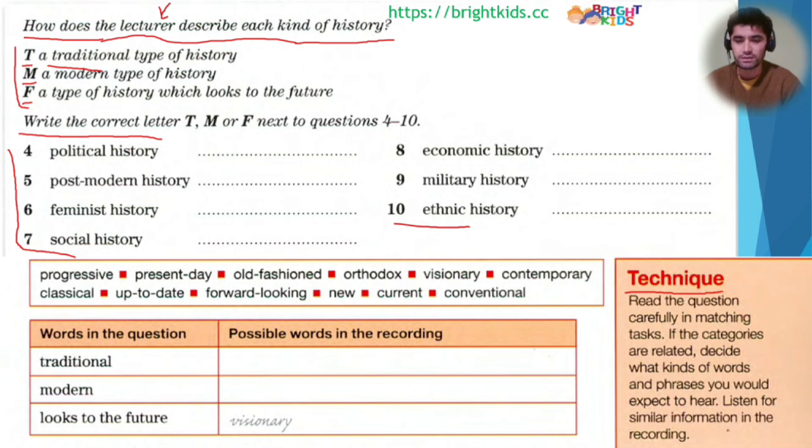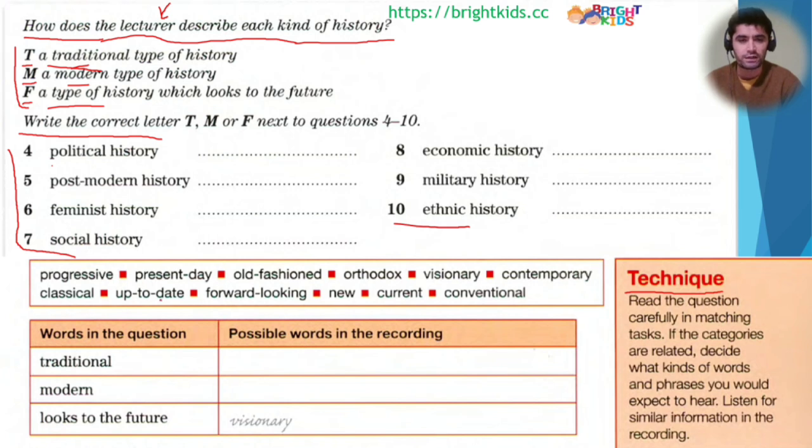Listen for similar information in the recording. So the technique says, if the categories are related, decide what kind of words and phrases you would expect to hear. So we have different types of history here, from traditional, modern, and the history which looks to the future.